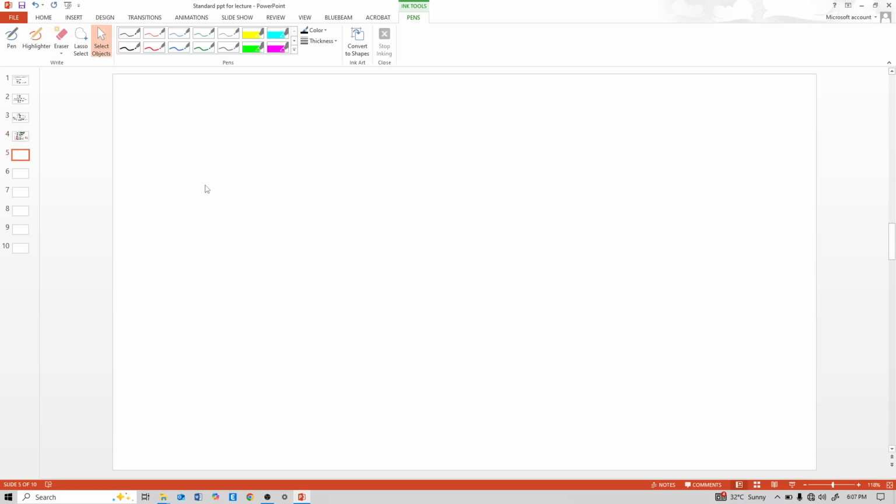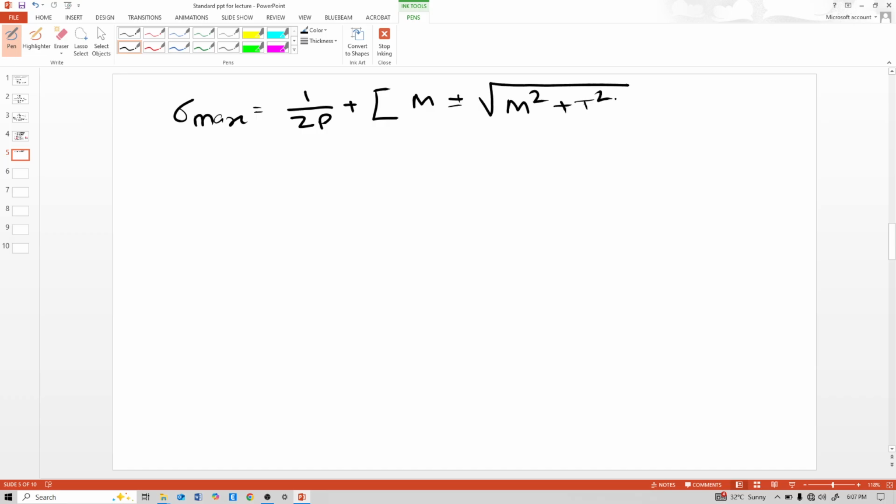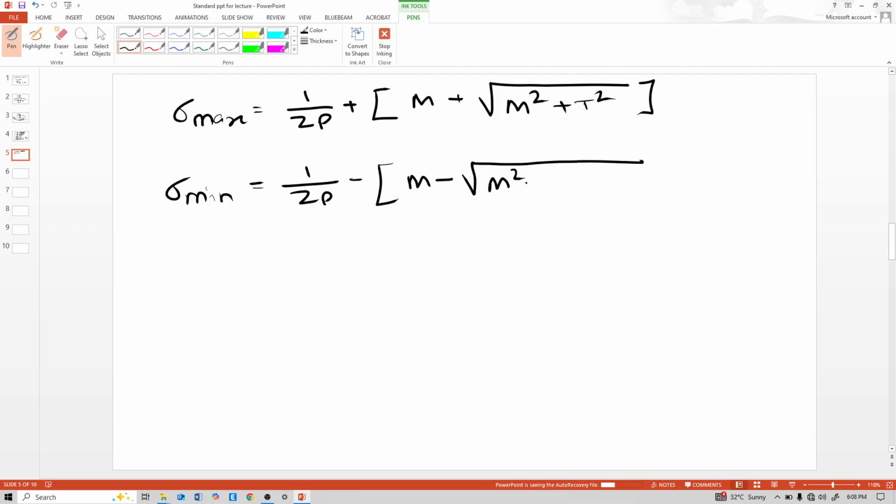So from this equation, sigma maximum is equal to 1 by Zp, M plus under root of M square plus T square, and minimum stress is 1 by Zp, M minus under root of M square plus T square. See here, only plus comes here, and only minus comes here.